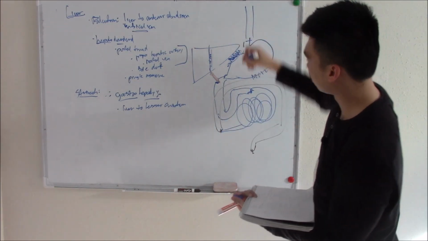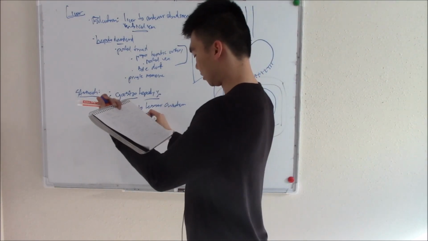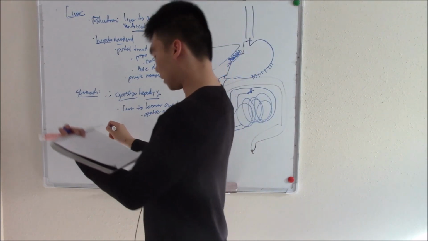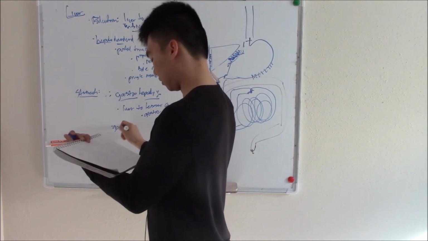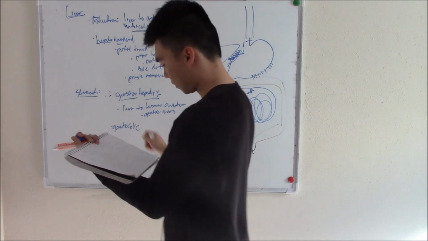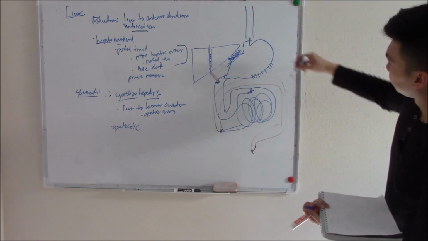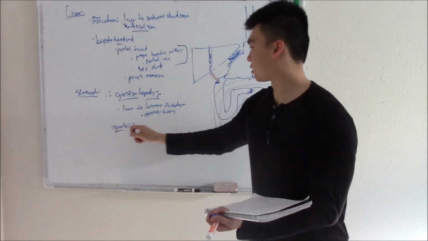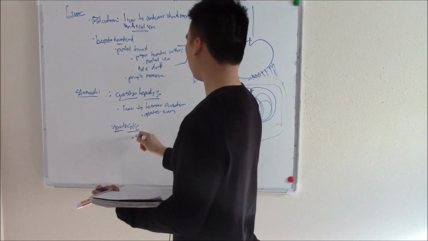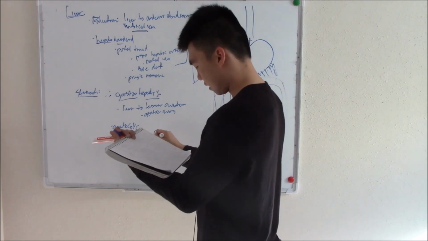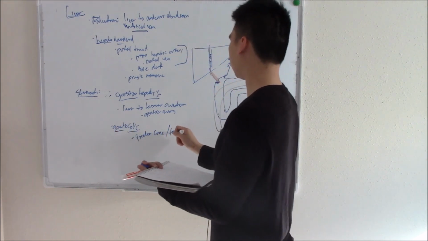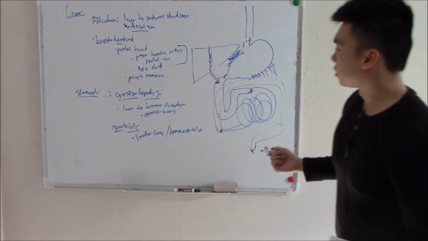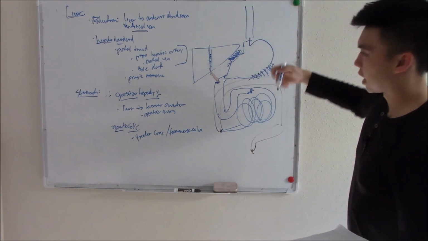Your little gastric arteries. You'll also have another ligament called your gastrocolic ligament. And this attaches your greater curvature to your colon, so greater curvature to your transverse colon. What vessels are you going to find here? It'll be those gastroepiploic arteries.